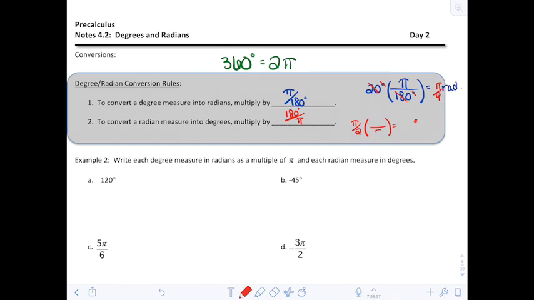So I'm going to multiply by 180 over pi. The pi's will cancel. 2 goes into 180 90 times, and that's 90 degrees. And we know that pi over 2 is the same as 90 degrees.